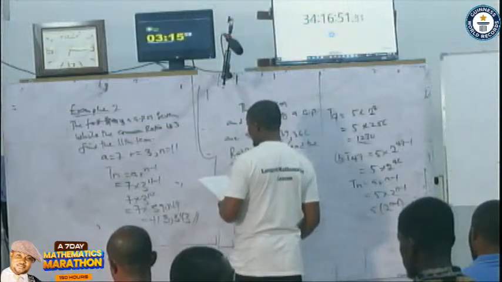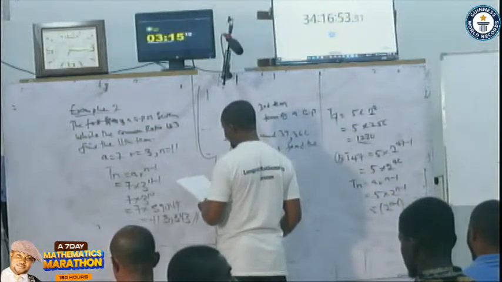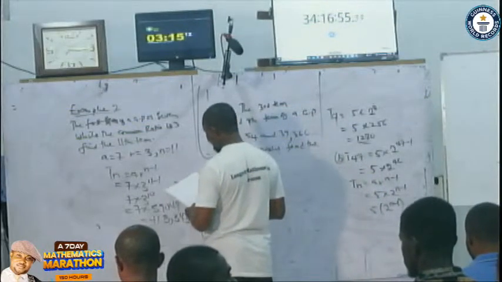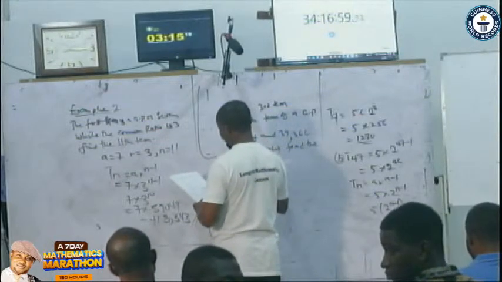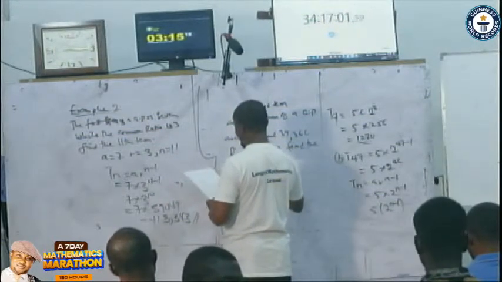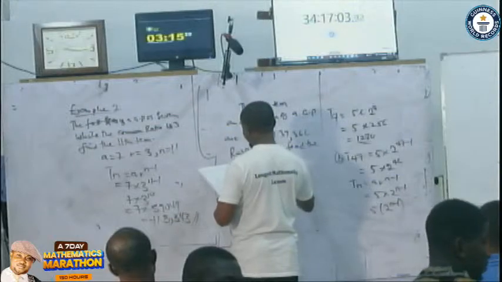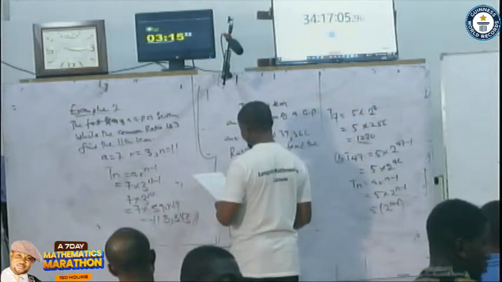So on that note, since we're able to get the third term and the ninth term, what we do there is that we now say that my T3 was ar squared, which was 54.